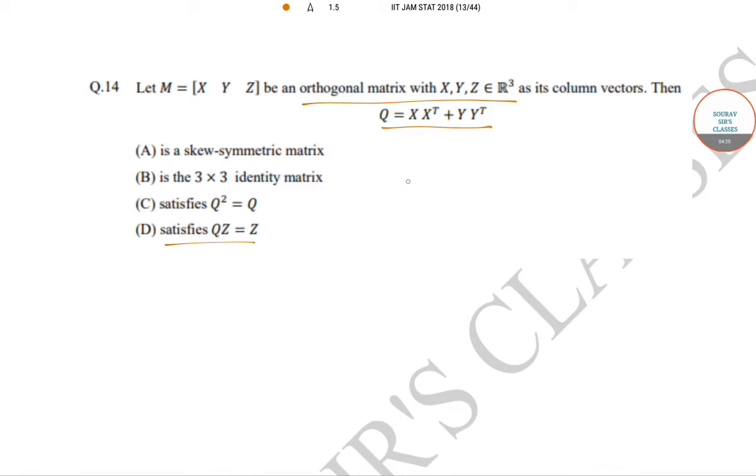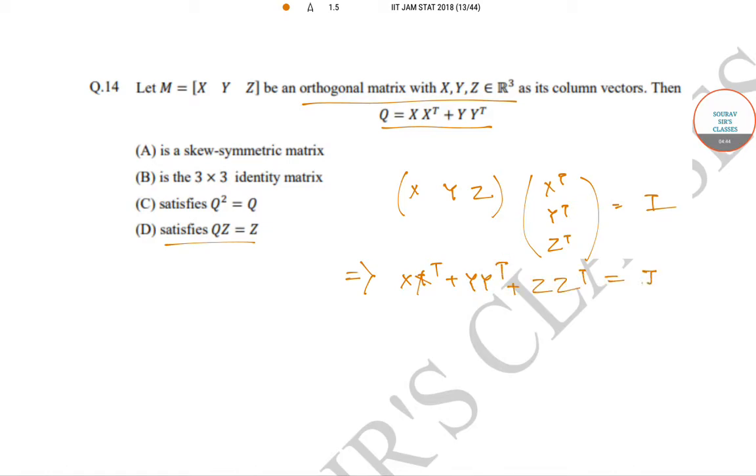So now since M is orthogonal, we have [x, y, z] times [x, y, z] transpose equal to identity, which implies x x transpose plus y y transpose plus z z transpose is equal to identity, or Q plus z z transpose is equal to identity, which implies Q equal to identity minus z z transpose.